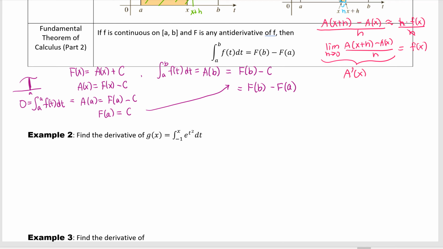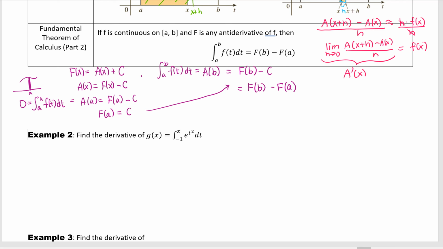So given any antiderivative, the definite integral of f of t dt from a to b equals the antiderivative at the upper limit of integration b minus the antiderivative at the lower limit of integration a. Okay, so that's the Fundamental Theorem of Calculus part 2.